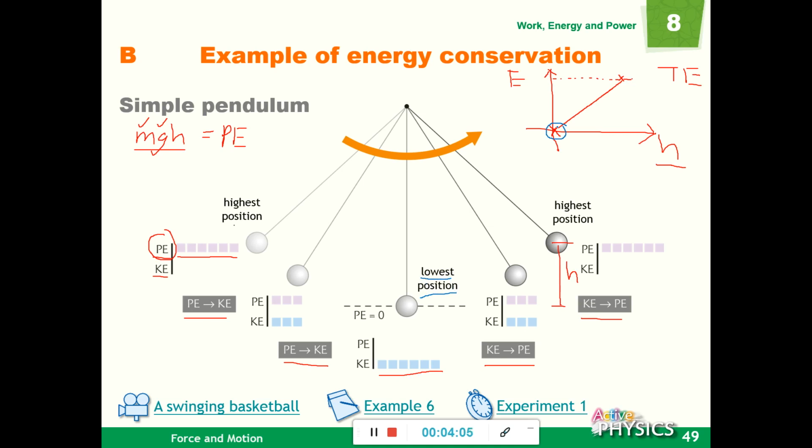PE and KE add them together should be the total energy. It means that this one should be the maximum KE. At the same time, when PE is the maximum value, here should be the highest position. KE will be 0. Because PE is a straight line, a linear relationship, then KE will be the same, like that. Okay, you can draw this diagram.